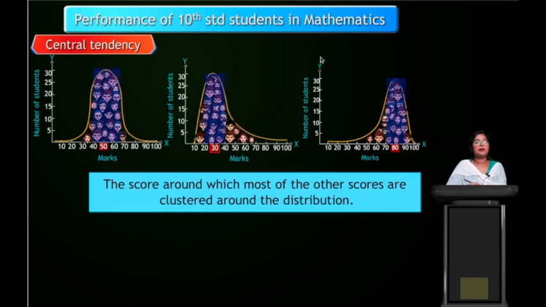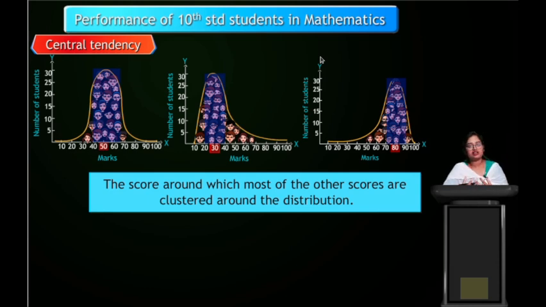So, children, the score around which most of the other scores are clustered in the distribution is called central tendency. In the first case, around 50 the maximum number of students have scored the marks, so 50 is the central tendency. In the second case 30 is the central tendency, and in the third case it is 80.